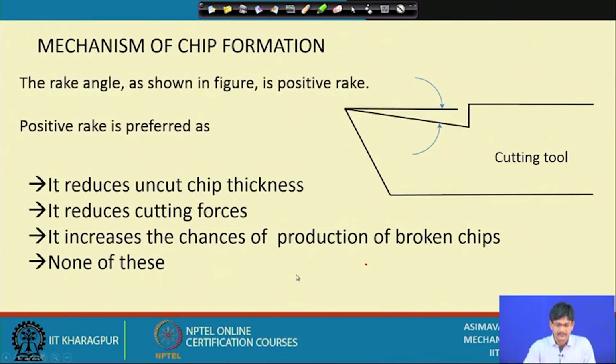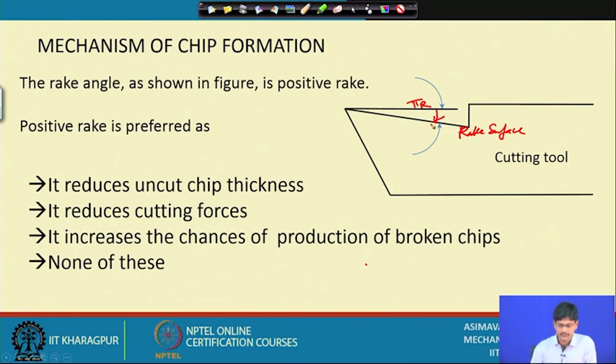So, the rake angle as shown in the figure is positive rake. Okay. If this is the trace of the reference plane, if we go clockwise from the reference plane, and we reach the rake surface, this is the trace of the rake surface, then we are calling this rake angle positive.